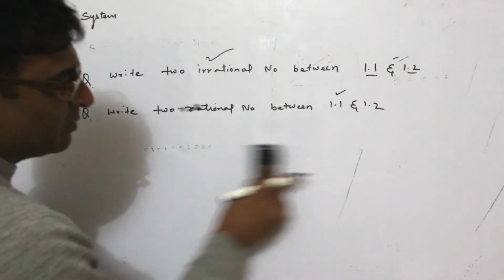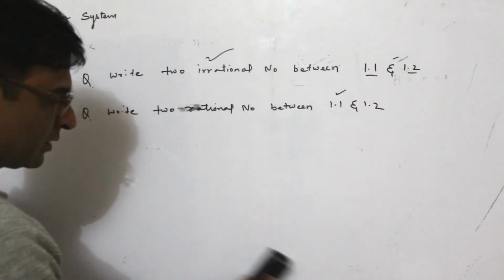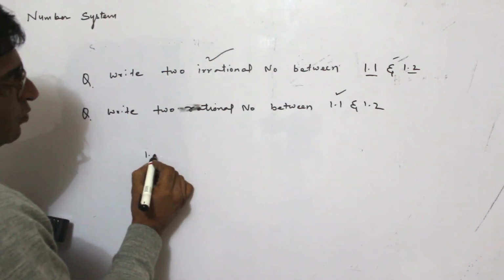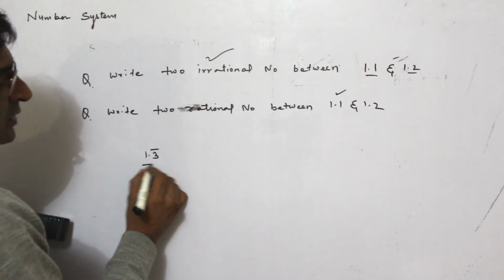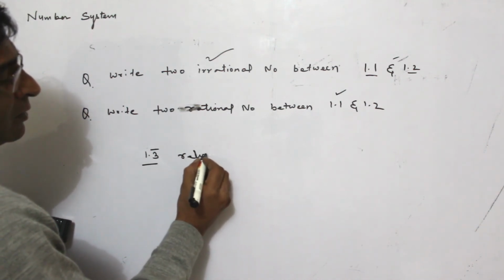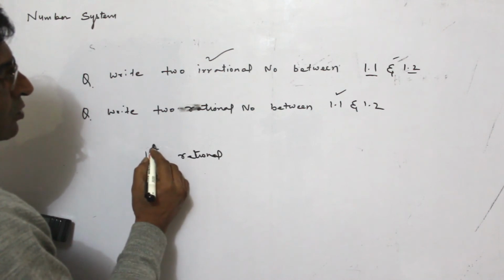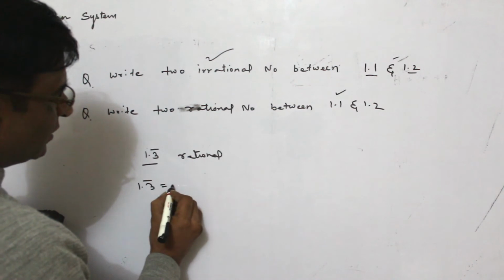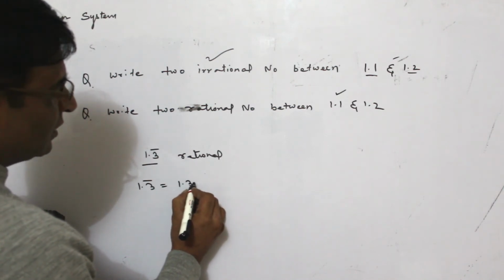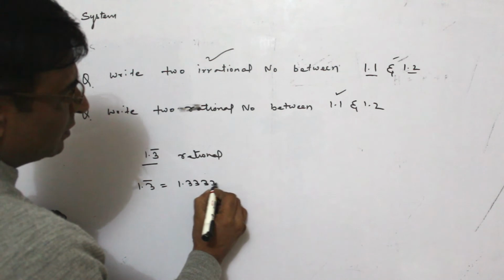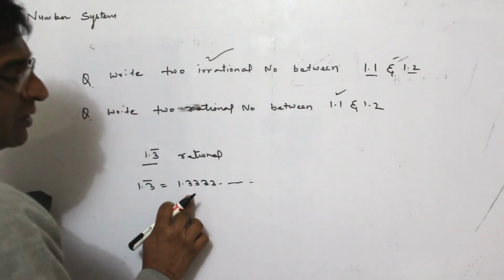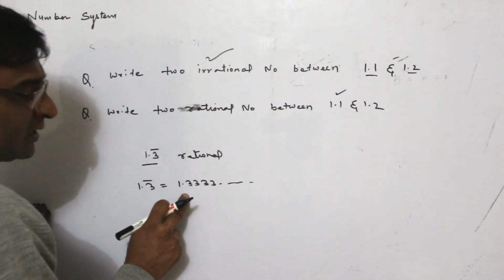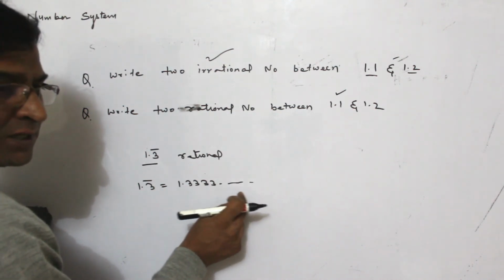Like sometimes a rational number we also write somewhat like this. Say 1.3 bar. This is a rational number, because 1.3 bar is actually 1.3333 and so on, and this number fails to fulfill the condition of non-repeating because it is repeating 3333.